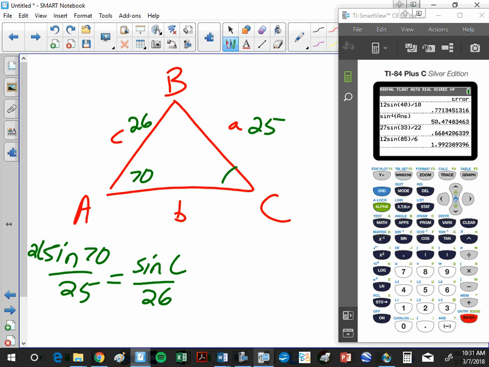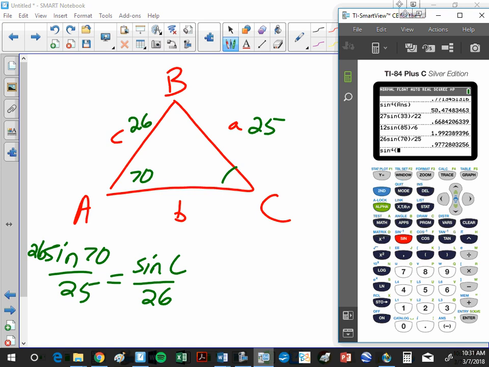So I multiply this by 26. So 26 sine of 70 divided by 25. Oops, I missed. What does that tell me? There are 2. So, what is angle C?